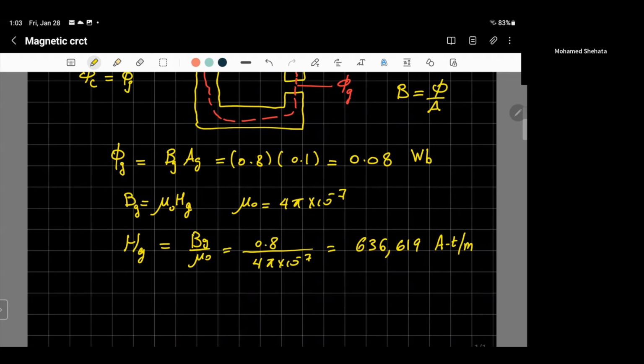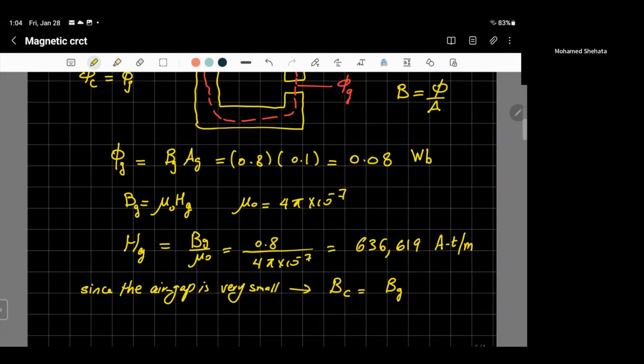We said, what's the relationship between B in the air, the flux density in the air, and the flux density in the core? They are equal. Why? Because we are assuming the air gap is very small, so the core has the same value as the air gap.